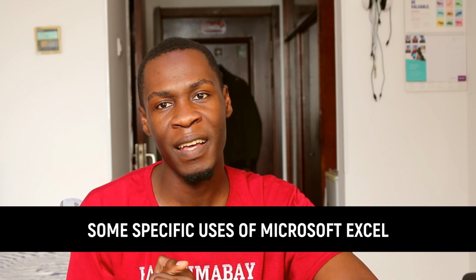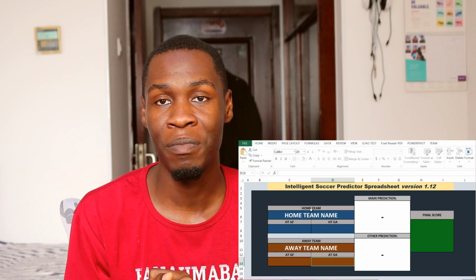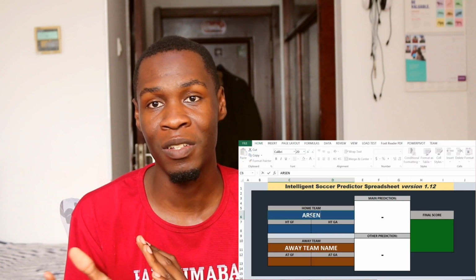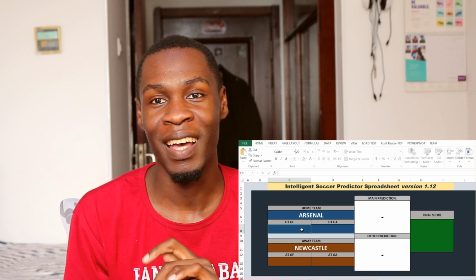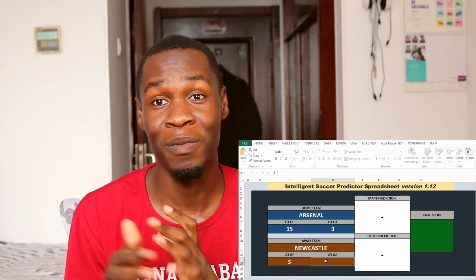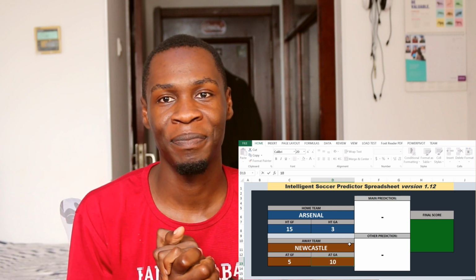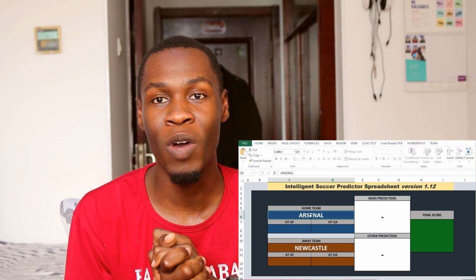So now over to the more specific uses. For business people, Microsoft Excel is very handy in managing income and expenses. Also, you can use Microsoft Excel in building prediction sheets. I've done this a lot for myself. Sometimes I just want to monitor how the stock market is going to be, or how certain businesses I'm investing into are going to work out.